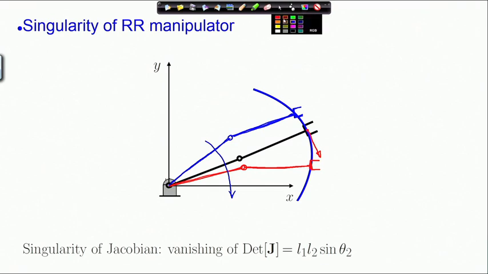that you can move, when you go past the singular point, you can move to a configuration like this.